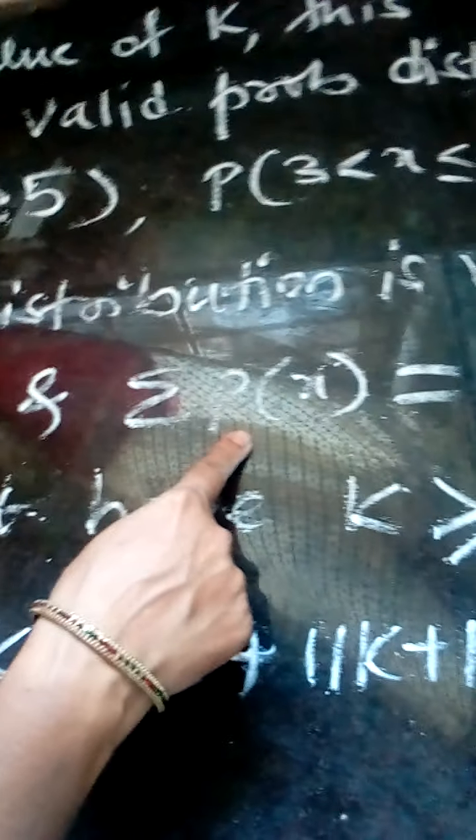According to the definition of a discrete probability distribution, it has to satisfy two conditions. First, p of x must be greater than or equal to 0 and summation of p of x must be equal to 1. Hence, we must have k greater than or equal to 0, because this k value we have to find out.